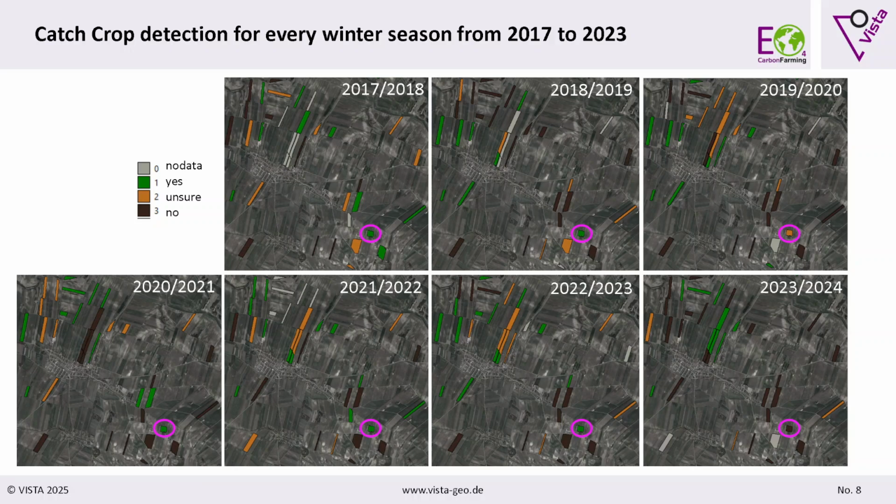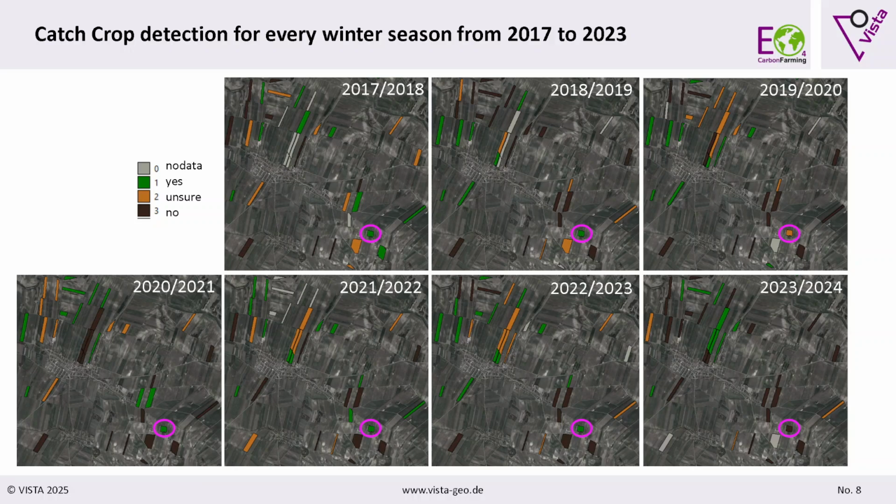As an additional layer of information, we then took the catch crop verification from the service. So we detected for each year in between the 2 measurements if there has been a catch crop planted on each field. So for each field separately we checked, has there been a catch crop, yes, no, or are we not sure.